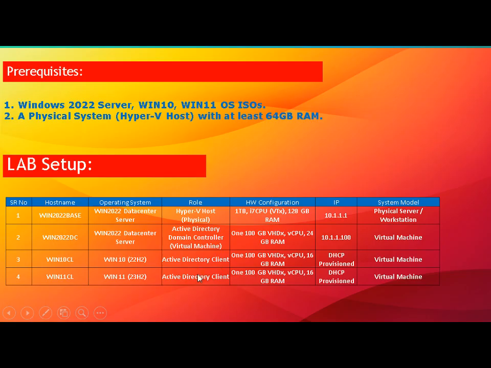Both will be acting as Active Directory client systems. Both have similar hardware configuration: 100 GB virtual hard disk, virtual CPU and 16 GB RAM. Their IPs will be provisioned by the DHCP server, which will be hosted on the Windows 2022 DC system, and both machines will be virtual machines.